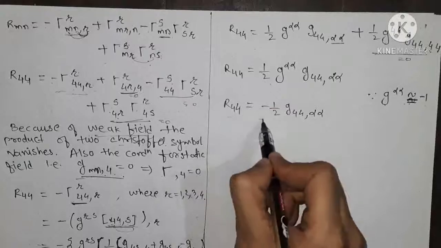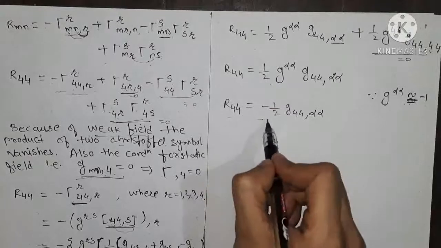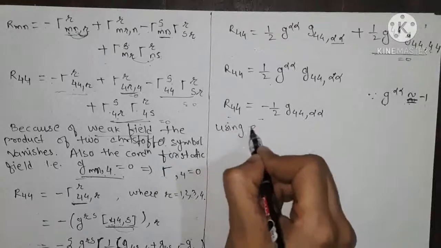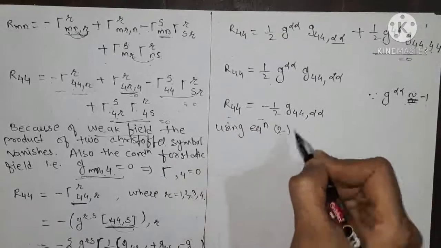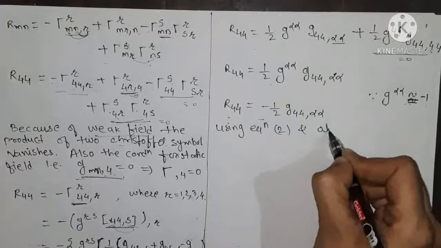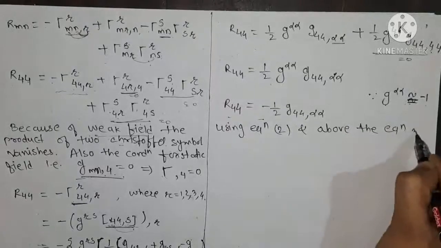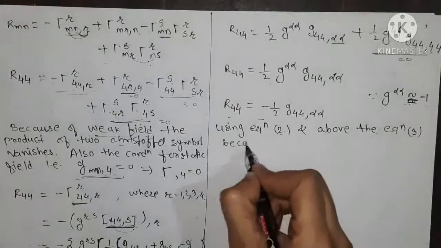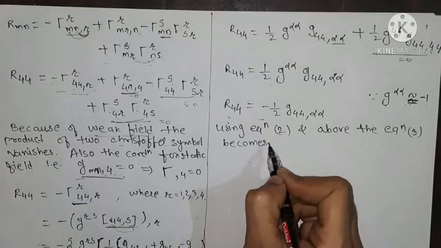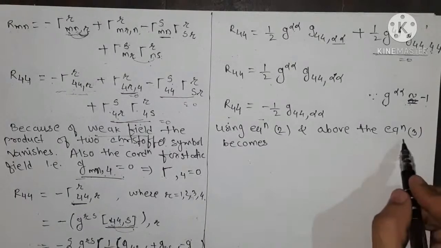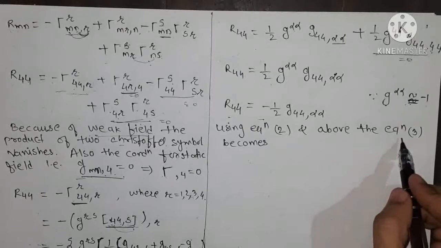Now we substitute this value in the Einstein field equation. Using equation 2, the above equation 3 becomes... Equation 3 is nothing but our Einstein field equation, that is R_mn minus 1/2 R g_mn equals minus k T_mn.